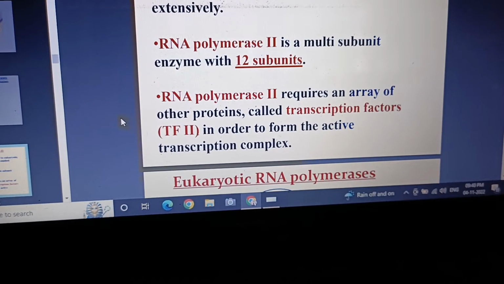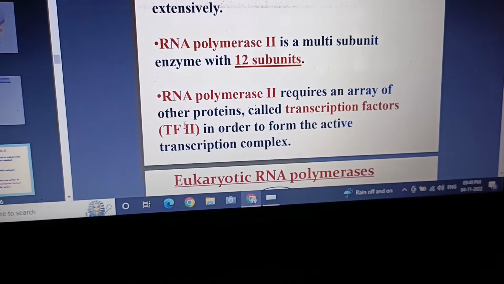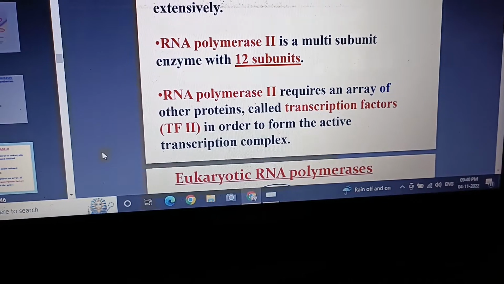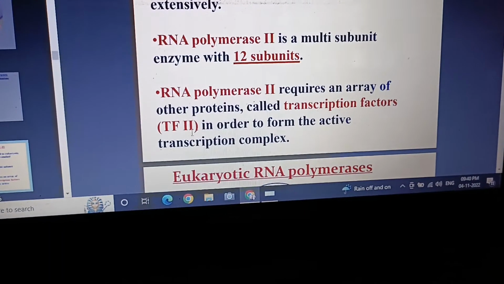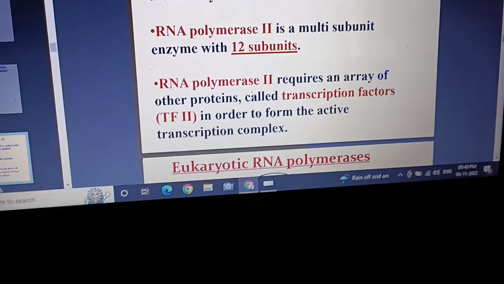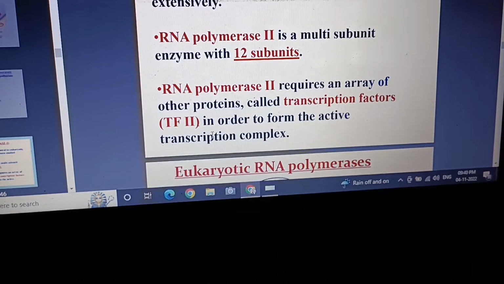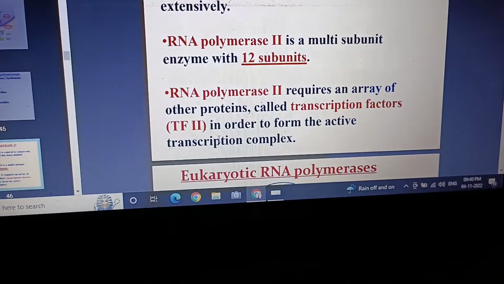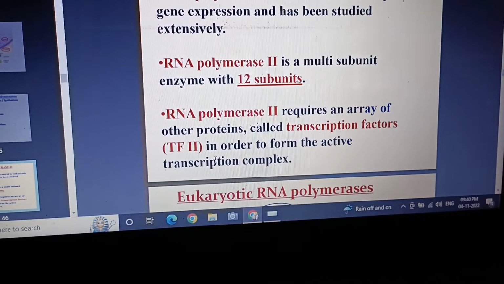Here, what is the transcription factor? Especially transcription factor 2, in order to form an active transcription complex. As I told you already, this is quite a difficult mechanism to understand. So kindly cooperate.